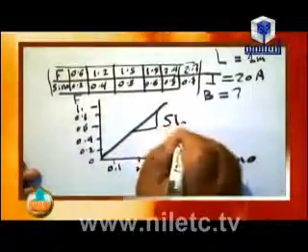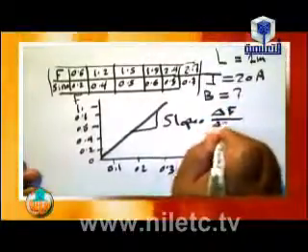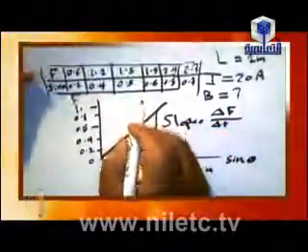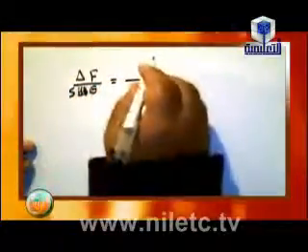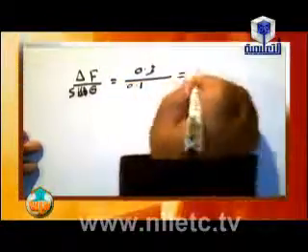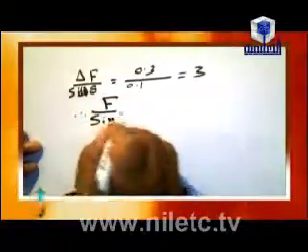The slope equals delta F over delta sine theta. We can take two readings from the table: 1.5 minus 1.2 equals 0.3, over 0.5 minus 0.4 equals 0.1, which is equal to 3. Then F over sine theta equals 3.